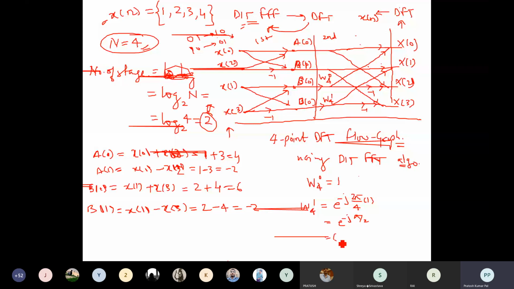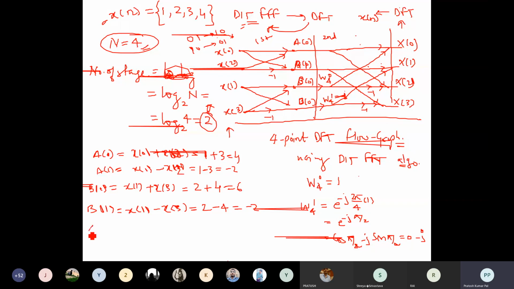So it is cos pi by 2 minus j sin pi by 2. This cos pi by 2 will be 0, and sin pi by 2 is 1, so from there it will be equal to minus j.